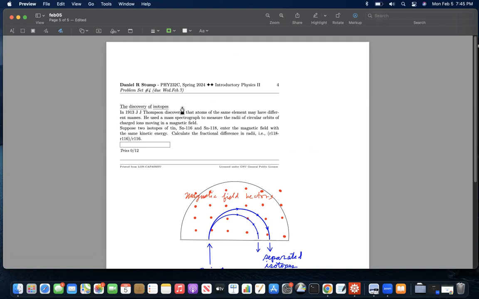Another resource is at the end of every chapter, there's one page called the summary. So for each chapter, look at the summary. If there's something in the summary you don't recognize or you don't have written down on your help sheet, go back and look at it earlier in the chapter and make sure that you understand what's in the summary.